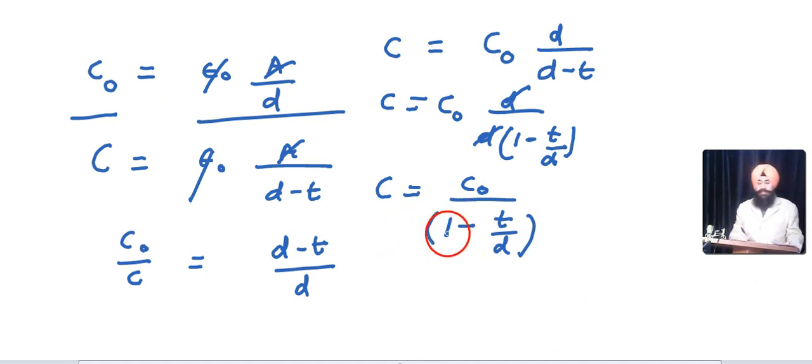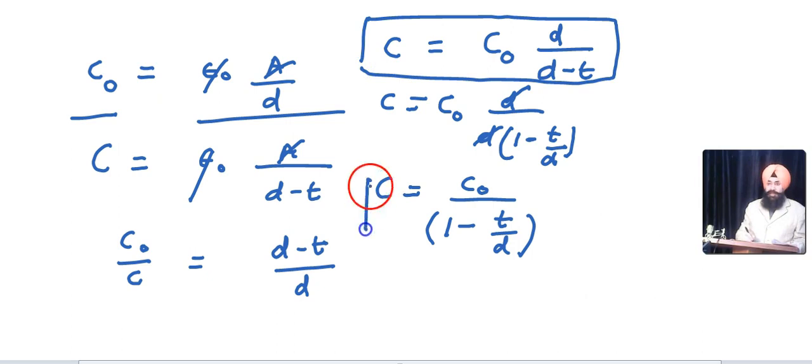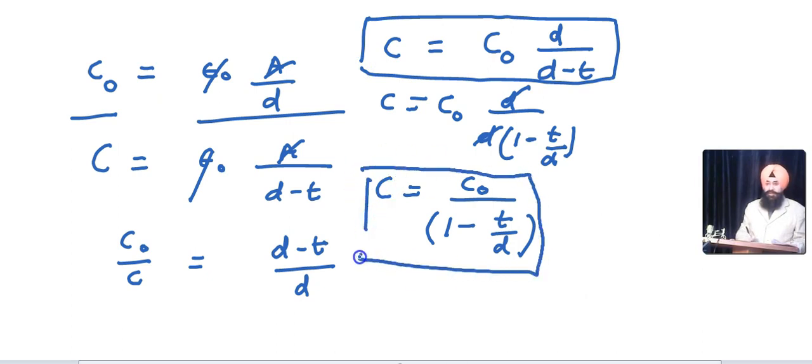What does it imply? This expression shows that C will be greater than C naught, because the denominator is less as compared to the numerator. d minus t is less as compared to d.